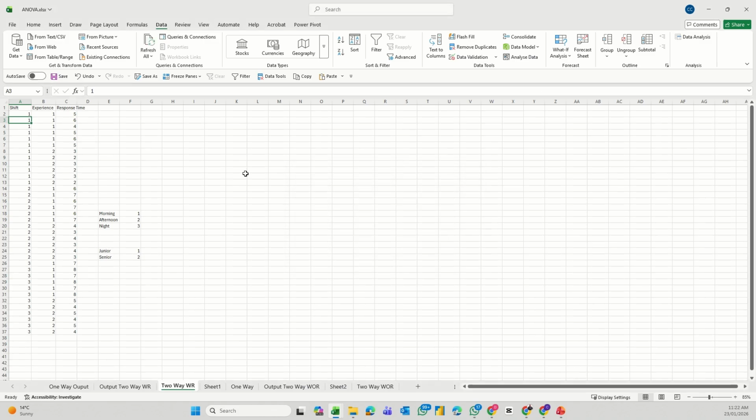Let me explain with replication. Now, if you notice, there were multiple values for shift, multiple values for junior, and the response time. Did you observe? Good. There are multiple values for each of these.